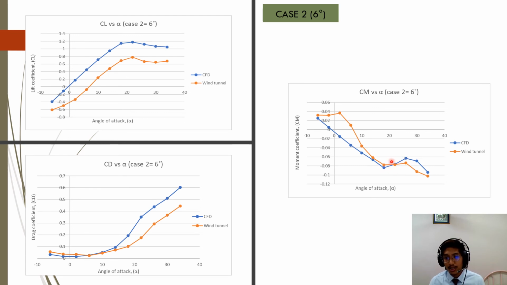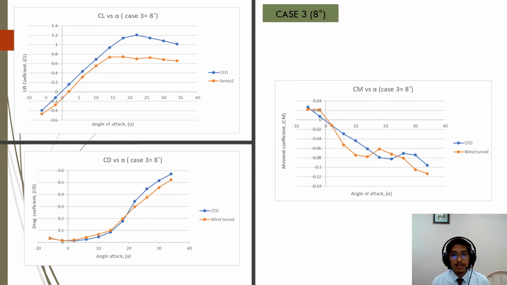Compared to the wind tunnel, the CFD has a much higher increment. Both cases show a decrease in the pitching moment at the angle of attack of 26 degrees.